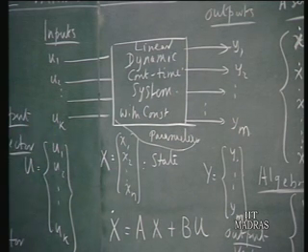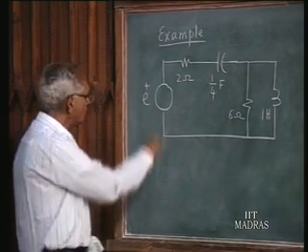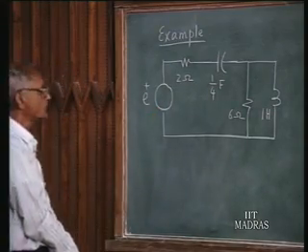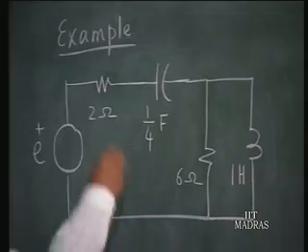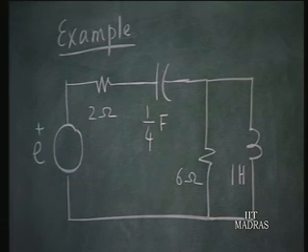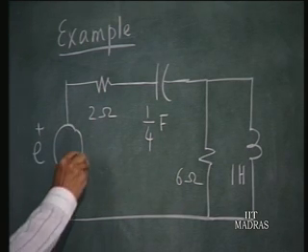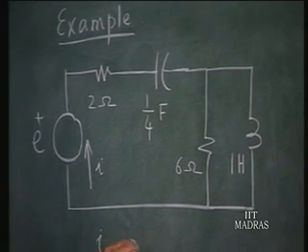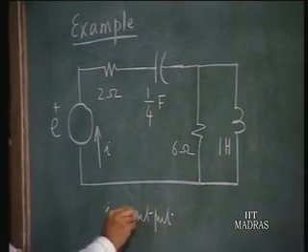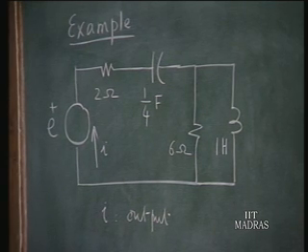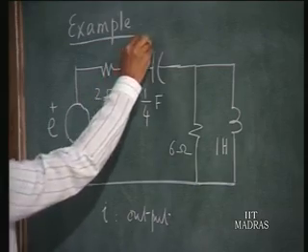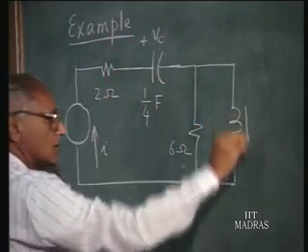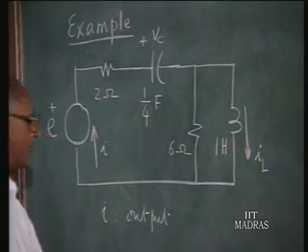Let us work out an example to illustrate what we have discussed so far. Let us consider this example in which we have a capacitor and an inductor. Let us assume that this circuit is excited by a voltage source E, and we are interested in finding I as the output quantity. That means our output vector y consists of just one variable, I. Let us take Vc, the capacitor voltage, and the inductor current IL as state variables.